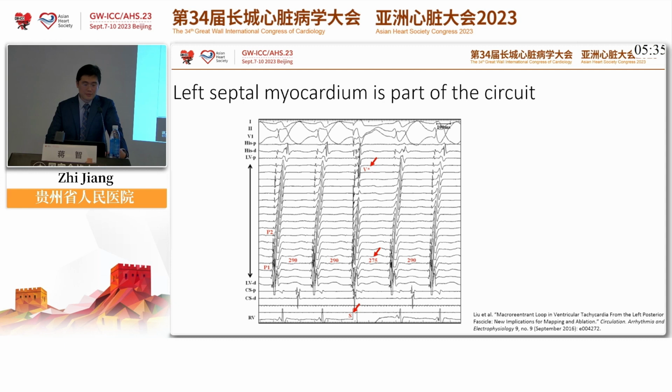The distal P1, P2 signal and V signal were not captured by this extra stimulus. This figure identified the left septal myocardium as part of the circuit.